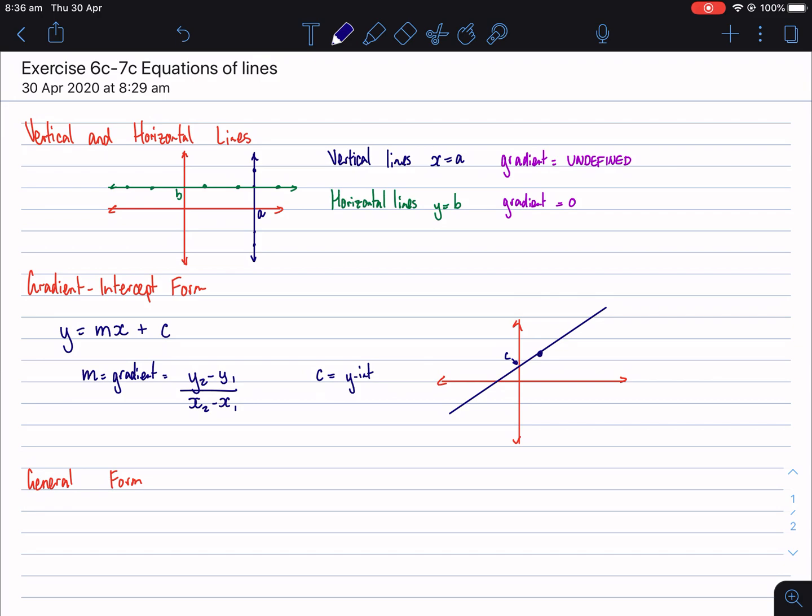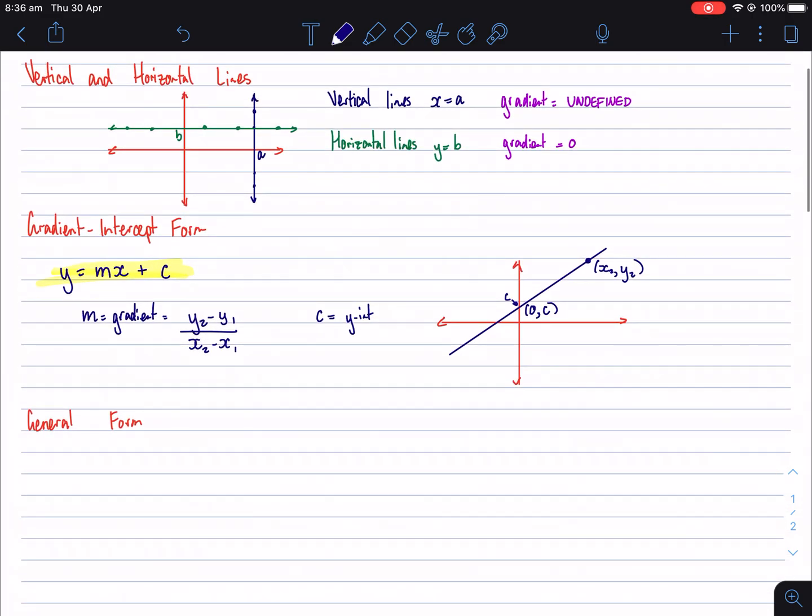And if we have 2 points, x1, y1, x2, y2, it's fairly easy to find the gradient and then be able to chuck it in this thing. Quite often, they'll just give you 1 point and the x-intercept. So the x-intercept, what's x at this point? 0. What's y at this point? C. So that might be your x1, y1.